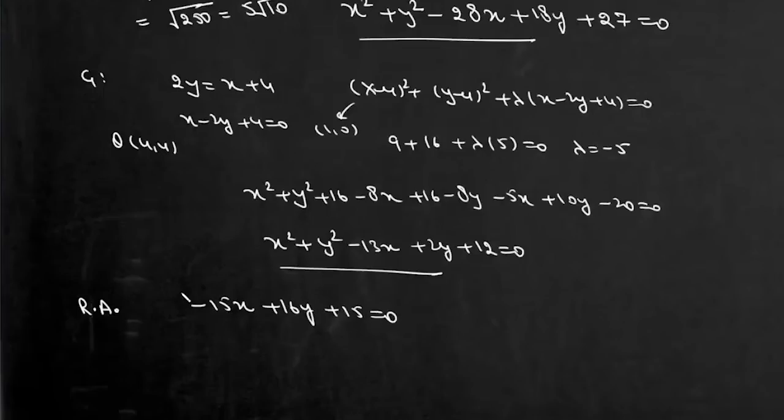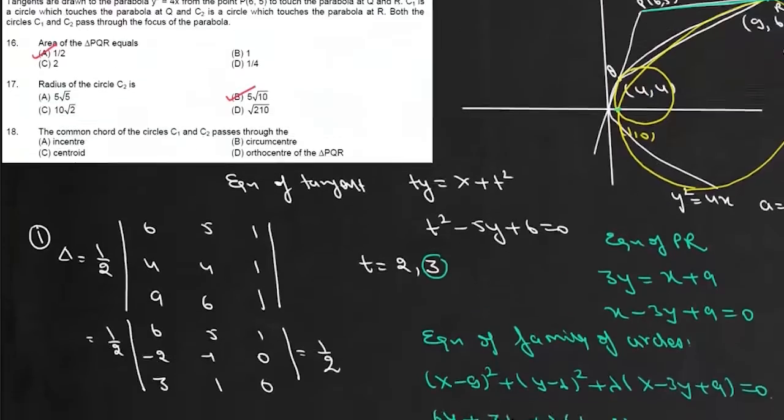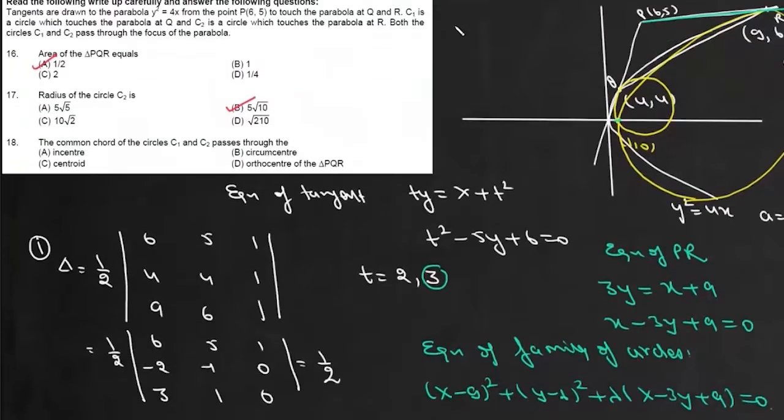So the equation of the common chord is minus 15x plus 16y plus 15. So the equation of the common chord is given by minus 15x plus 16y plus 15 equals 0.